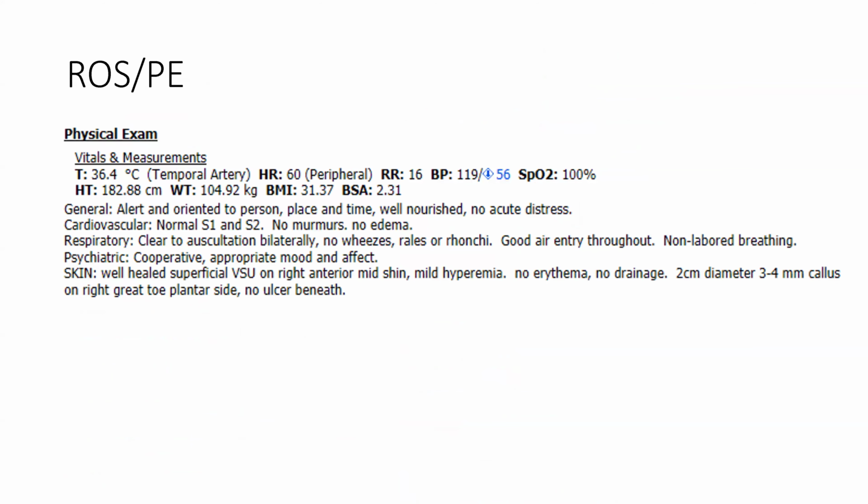All right, so review of systems and physical exam. So I think the thing is, the wound is already healed before the patient ever shows up.